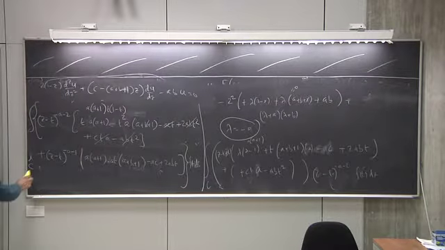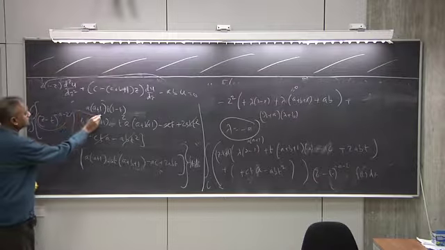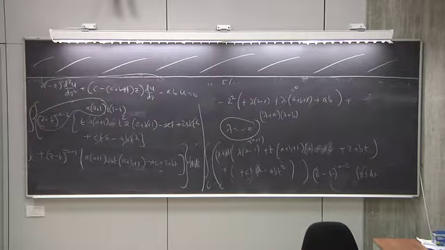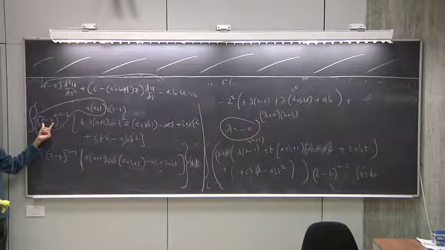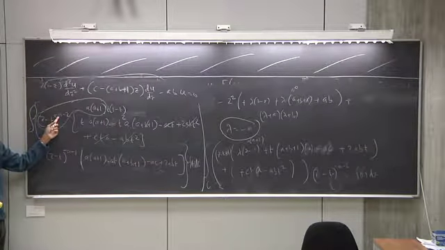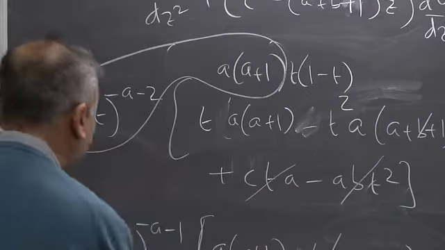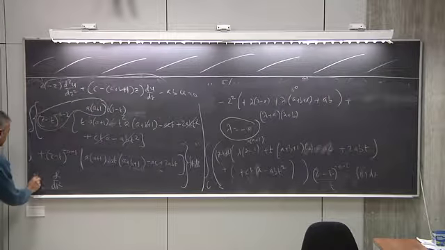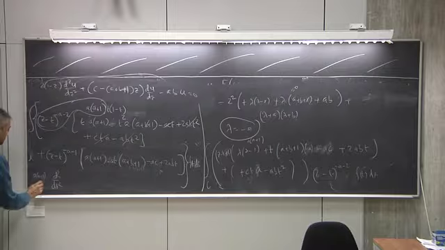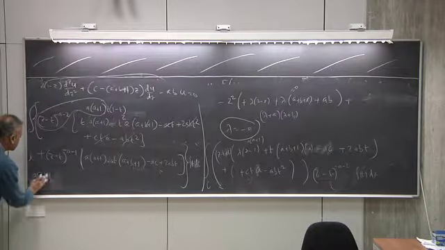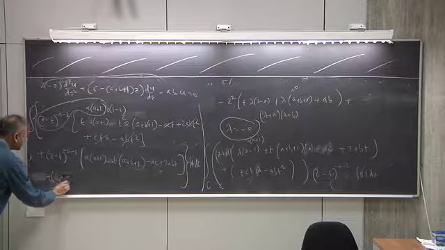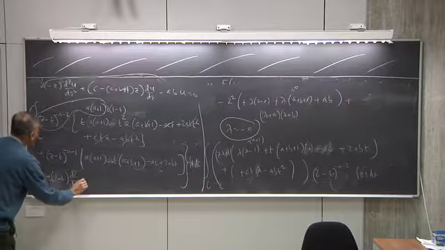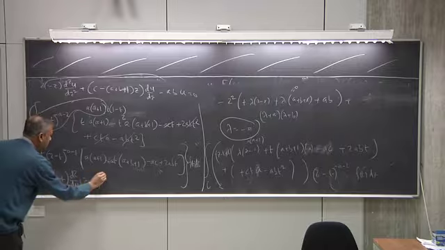Okay. Now, if you look at this term here, this term is the same as two derivatives with respect to t of this thing raised to the minus a, right? So the first term I write as t times 1 minus t times d square by dt square of z minus t to the minus a, correct?